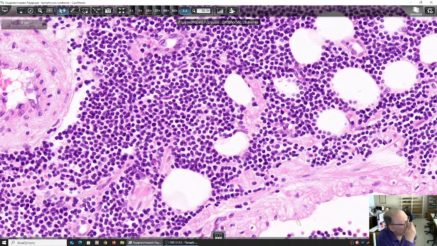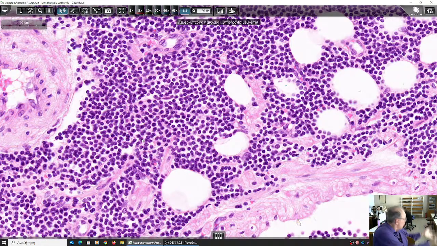What can this be? If it is mature, what will it have on its surface, the B cell? Apart from that, what do B cells produce? Antibodies. It will have the immunoglobulin.